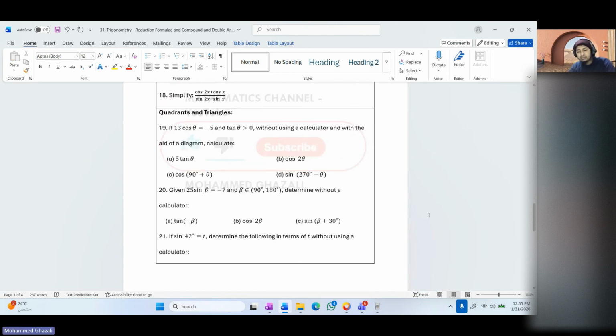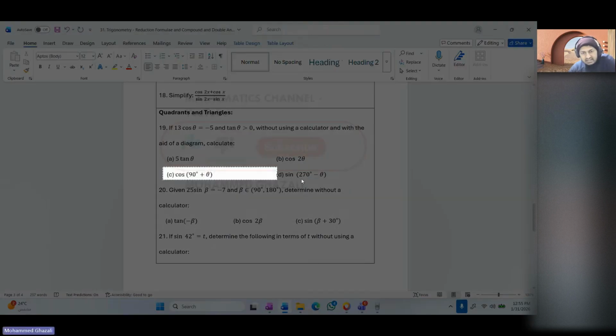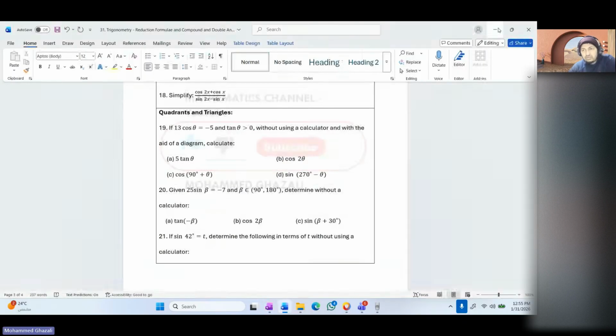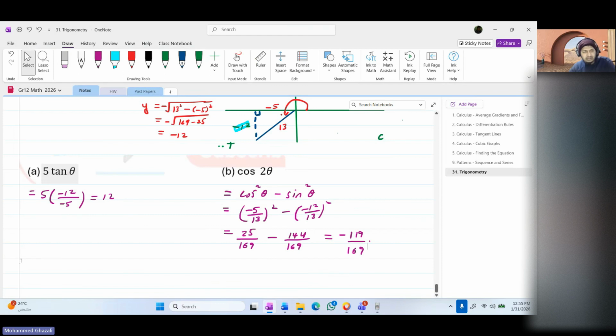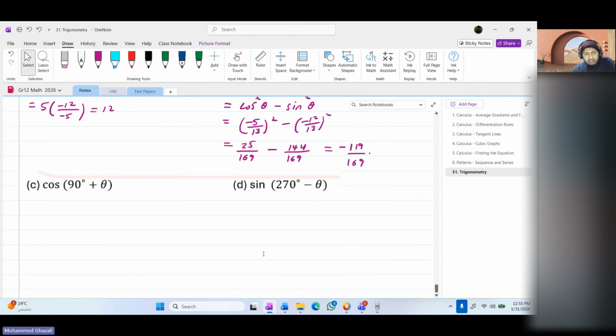Now, within that problem, you will also get problems like C and D, where you have to use reduction to simplify. And this is easy because, remember reduction we used before? Cos of 90 plus theta, that is in the second quadrant, and cos is negative.